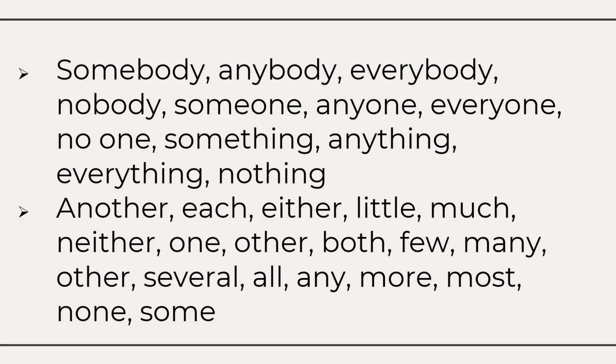Somebody, anybody, everybody, nobody, anyone, everyone, no one, something, anything, everything, nothing. And then there are more. Another, each, either, little, much, neither, one, other, both, few, many, several, all, any, more, most, none, and some. These are all words that are used as indefinite pronouns.